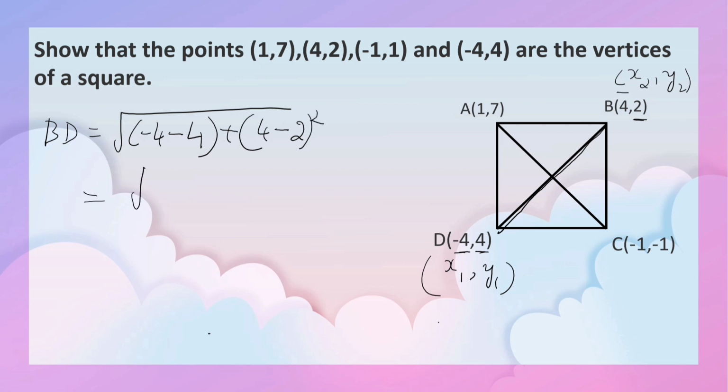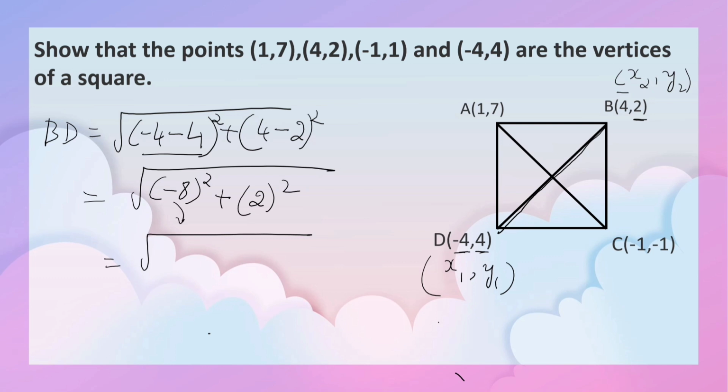That is equal to square root of, this is -8 whole square. If you forget anything, please correct it in the next step only. Otherwise, you will forget everything. Okay. -8 square plus this is 4 minus 2, 2 square. -8 the square is 64. 2 the square is 4. That is equal to square root of 68 units.